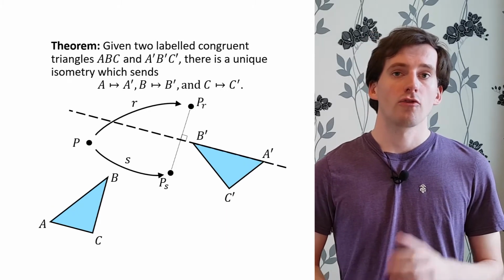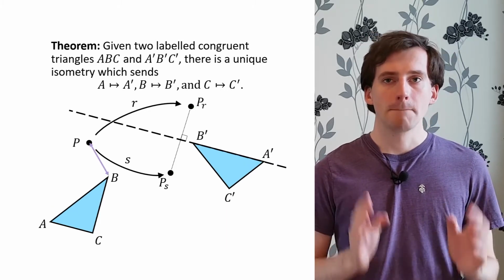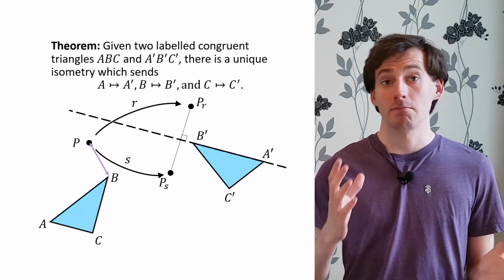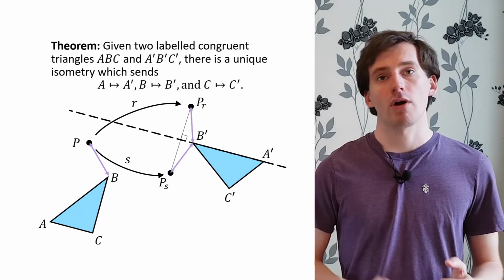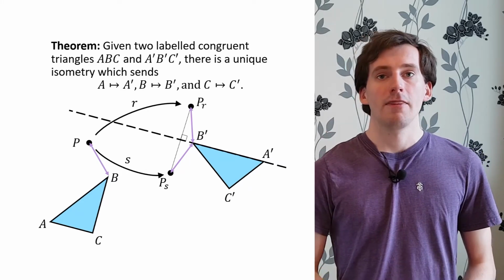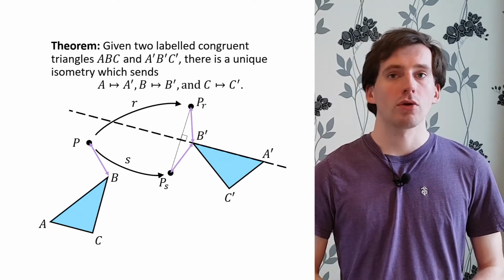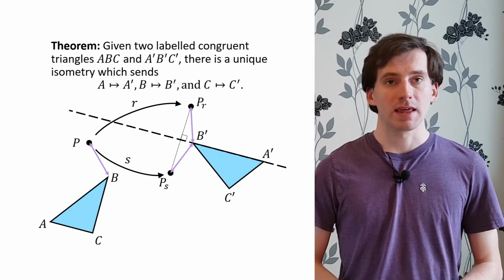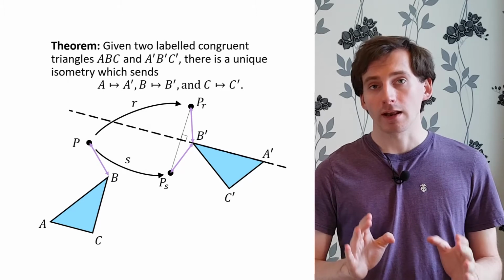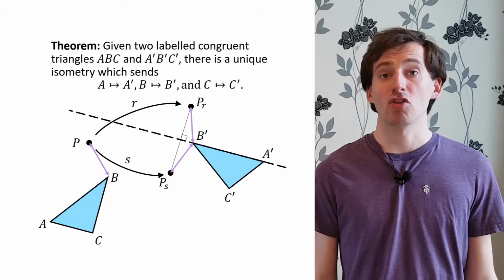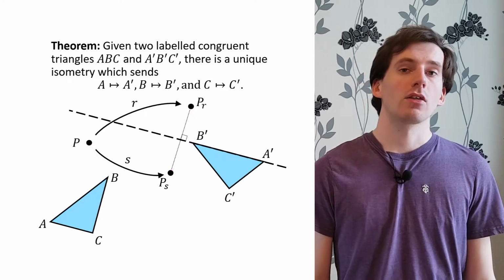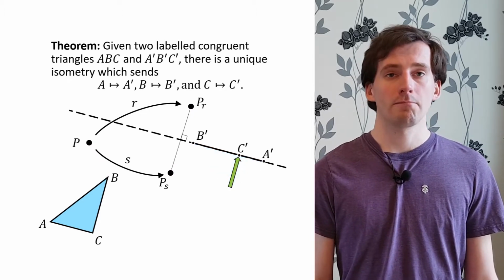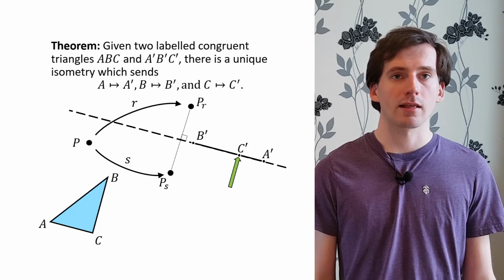The distance from B to P must be the same as the distances between B' and PR and B' and PS. Therefore, B' also lies on the perpendicular bisector of PR and PS. Finally, exactly the same thing is true with the point C. So C' lies on the perpendicular bisector of PR and PS.